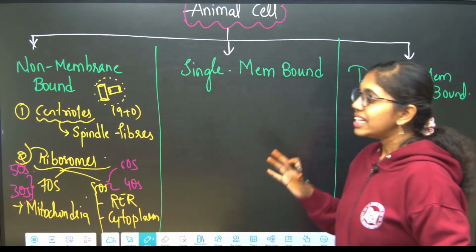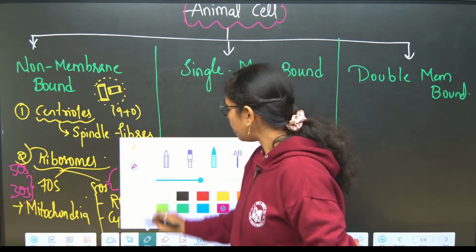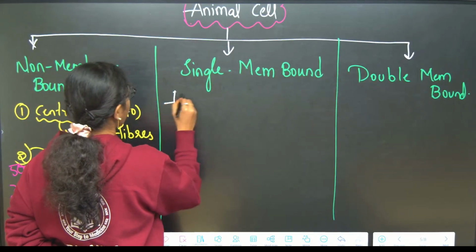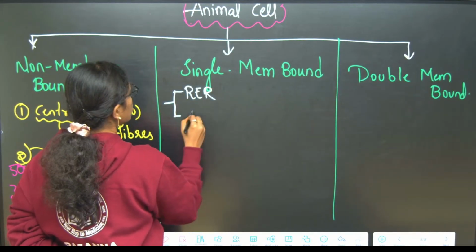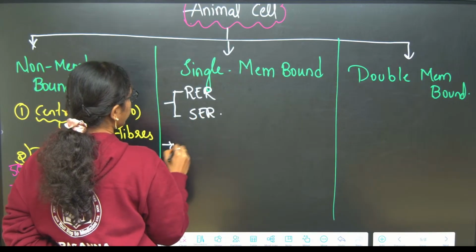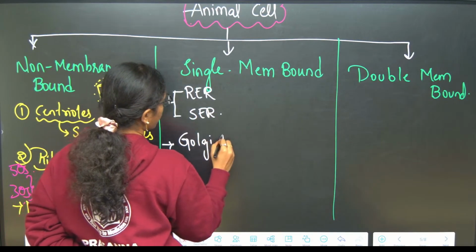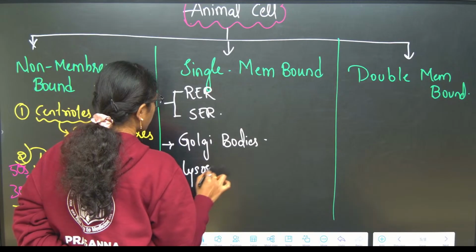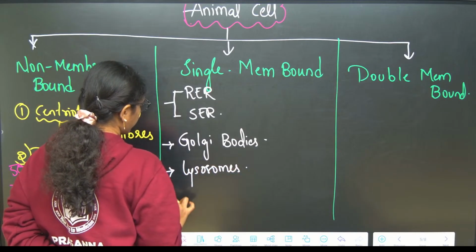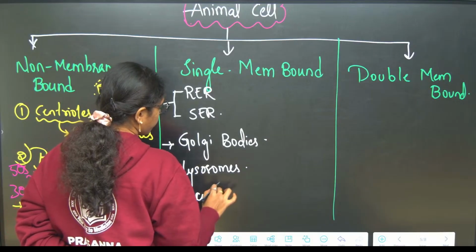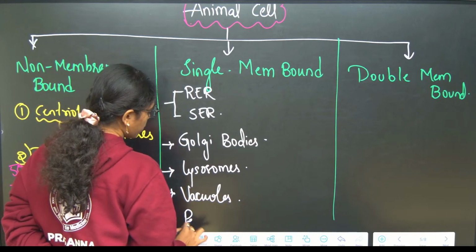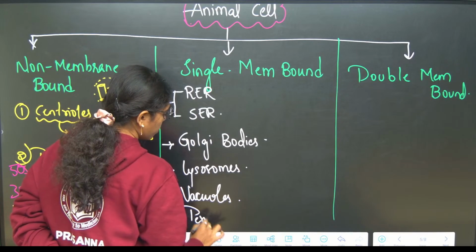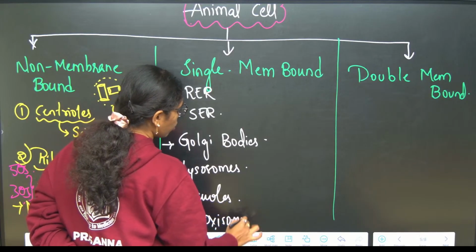And here, if you see single membrane bound organelles, they include, of course primarily, rough endoplasmic reticulum, smooth endoplasmic reticulum, then Golgi bodies or Golgi apparatus, then lysosomes, vacuoles, peroxisomes, and microbodies.